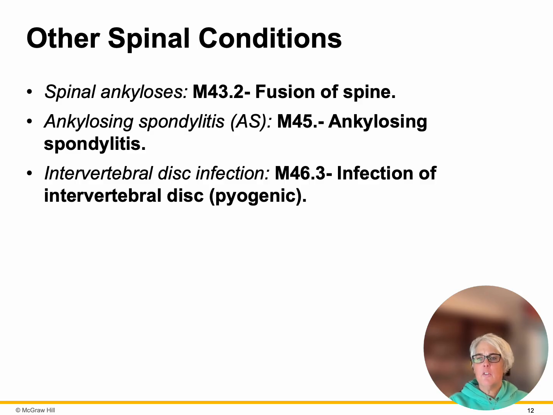And it's another condition where careful attention to the region is important. Next, we have intervertebral disc infection, which is coded under M46.3 and may involve documentation of a pyogenic infectious process. Always confirm the site, the cause, and the chronicity of the condition, and that will guide you with your final coding choice.